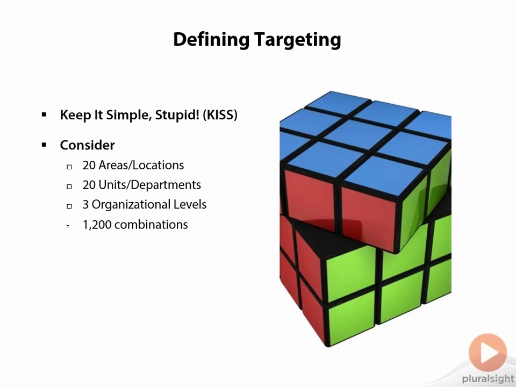If you have 20 areas or locations and 20 departments and 3 organization levels, you create potentially 1,200 combinations of targeting. We're trying to not make it too complicated. 1,200 might be an okay number, but as you add more and more dimensions and more values, you have to consider that it's hard to predict what users will see as you feed the targeting engine.